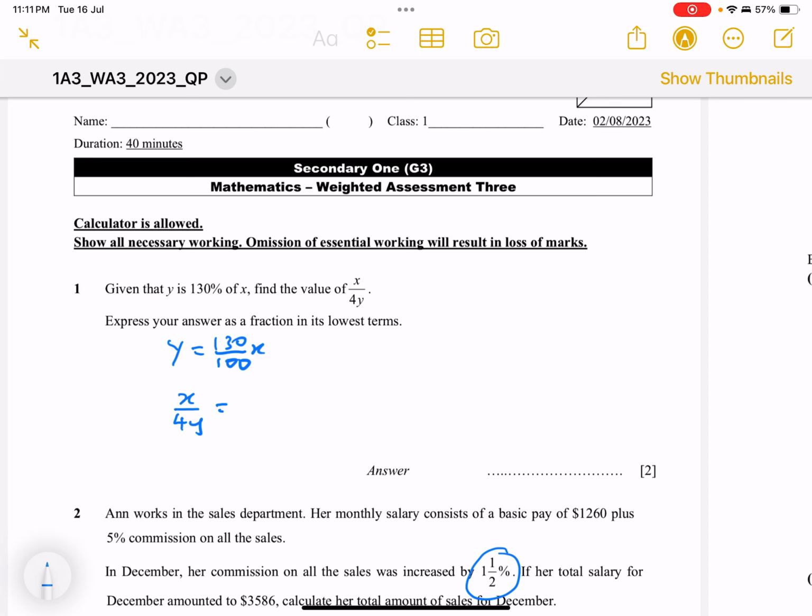will be equal to x divided by 4y, which is 4 times 130 over 100 x.